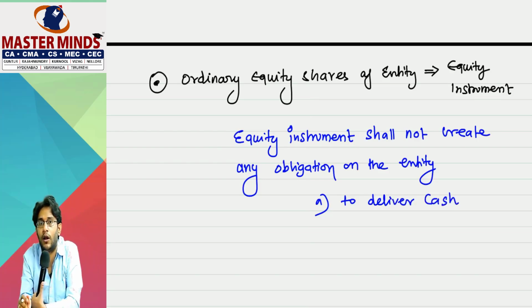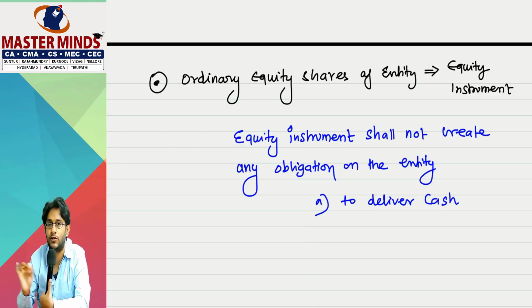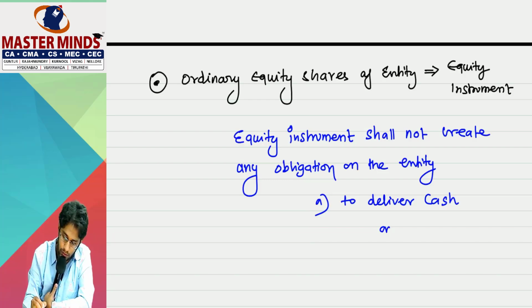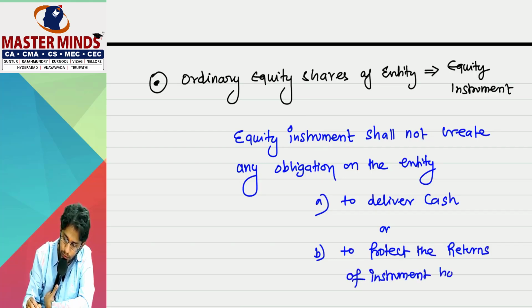Because if a contractual obligation to deliver cash is there, I will not call you an equity instrument. I have to classify you as a financial liability. So in an equity instrument there should never be an obligation to deliver cash, or to protect the returns of instrument holders.